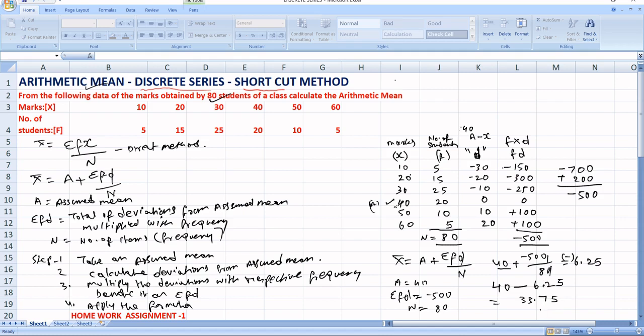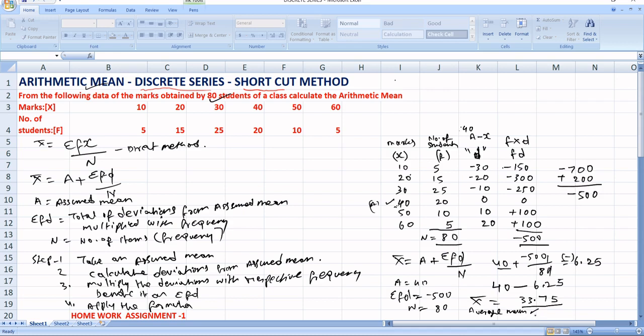So here the average marks of each student are 33.75. This is the arithmetic mean.